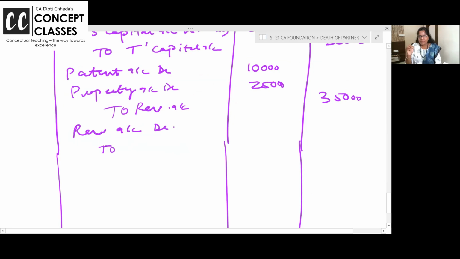And then revaluation account debit. Are you able to maintain speed and write with me? Revaluation account debit to plant and machinery. You have reduced the value. Now revaluation credit and revaluation debit. So revaluation account debit 25,000.